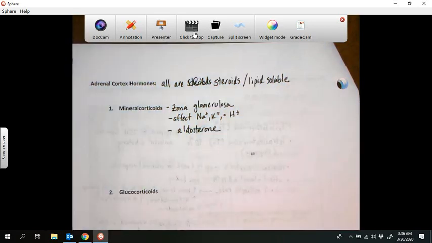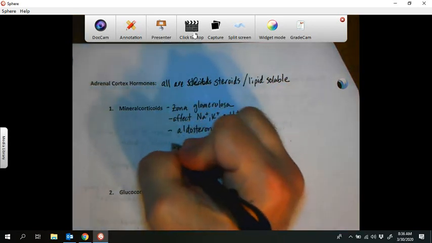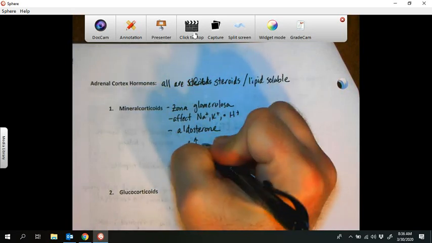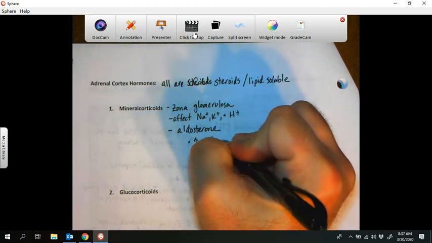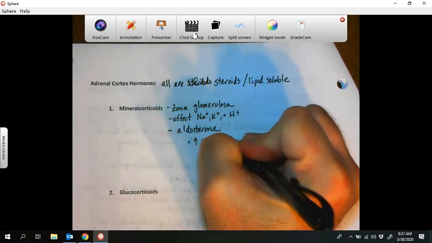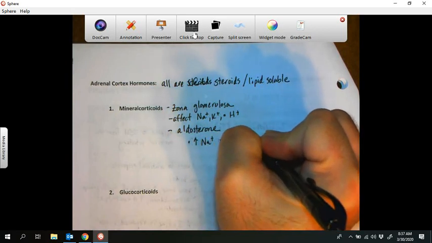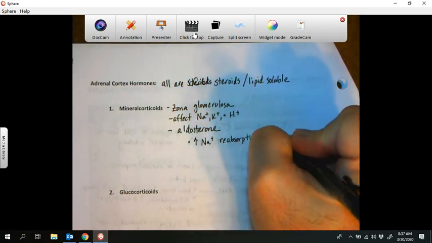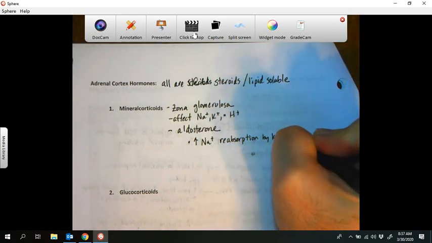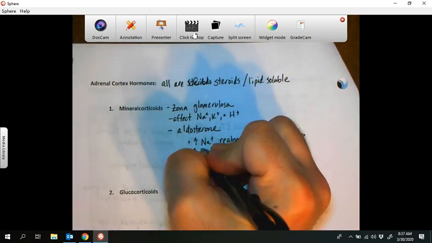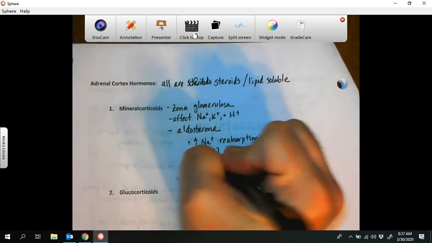Aldosterone causes an increase in sodium ion reabsorption by the kidneys, which results in an increase in Na+ concentration in the blood.